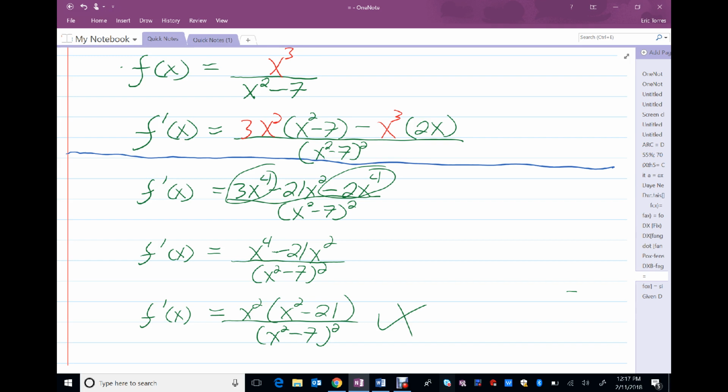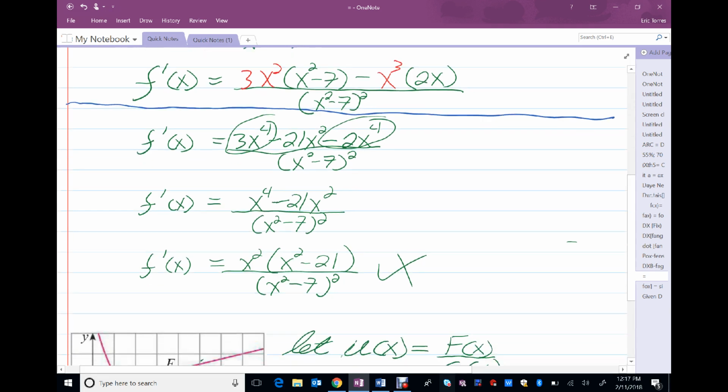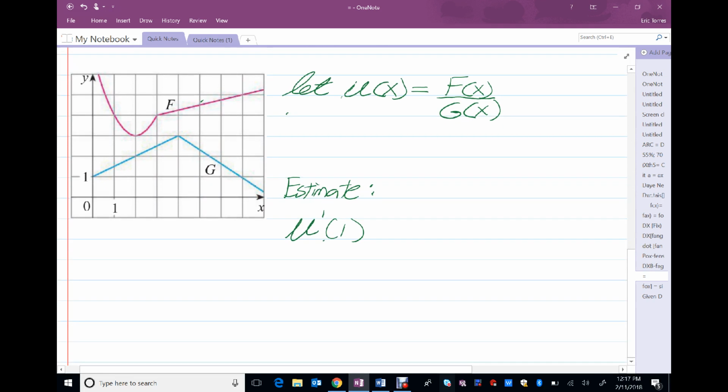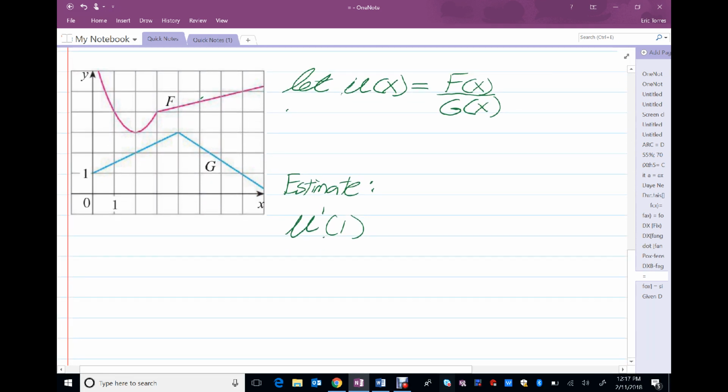Okay, so just like before, we can apply this technique to graphs. And this time I want to estimate the derivative of u at 1, given u of x equals f of x over g of x.